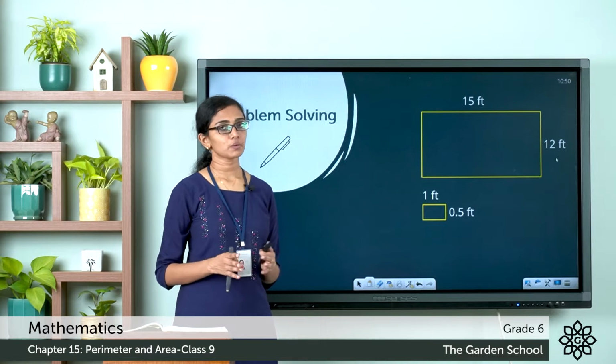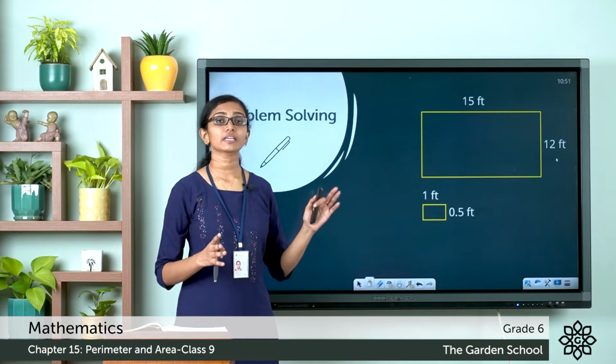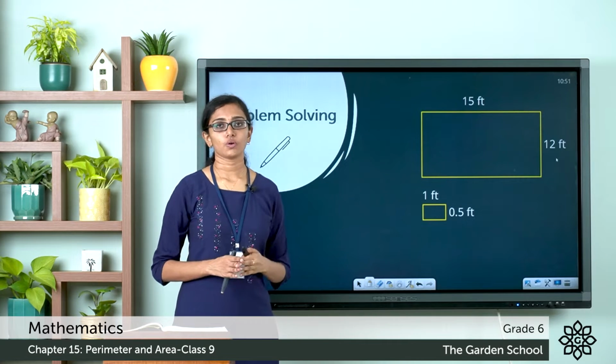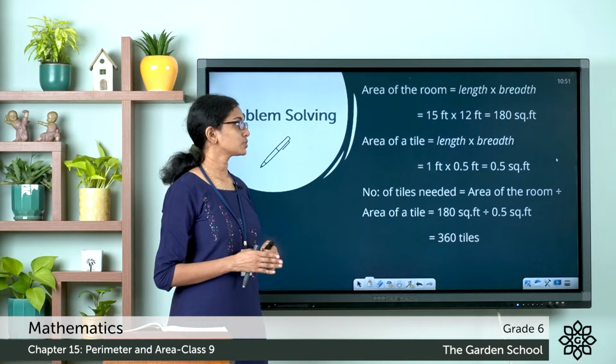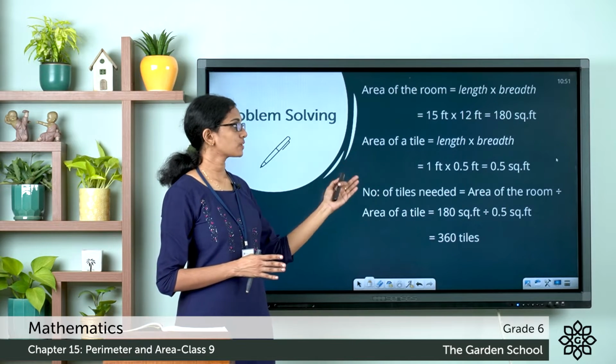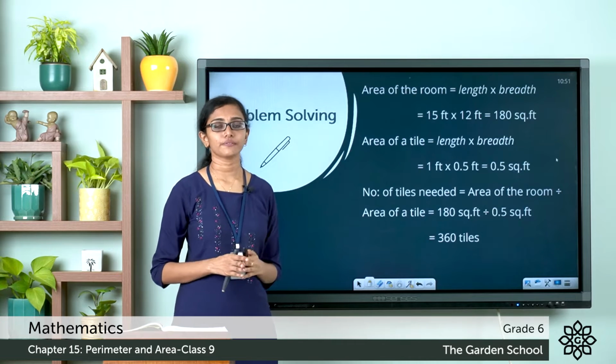So to find out the number of tiles needed to cover the entire floor, we need to find out the area of this floor. We know the length, we know the breadth. So the area will be equal to length into breadth, which is 15 feet into 12 feet, and that gives us 180 square feet.